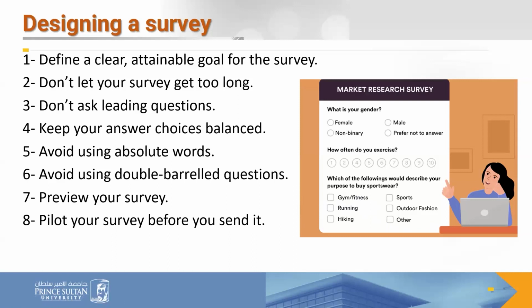Simply give the survey to some of your teachers. You already have a supervisor to read through and give comments. Give the survey to other students and let them try to work it out, so they give you feedback. They tell you this sentence is not clear, this sentence is confusing, we did not know how to use the scale, and so on.